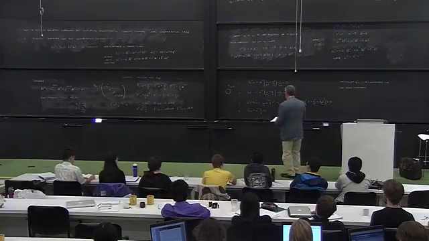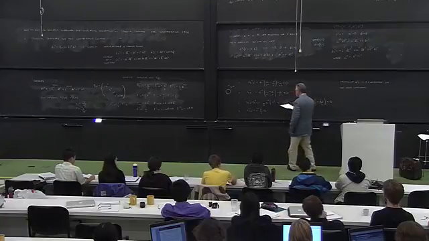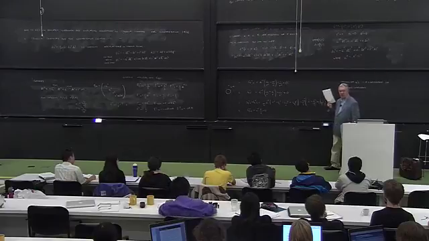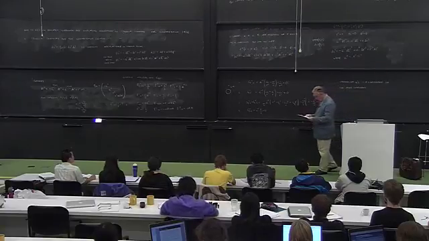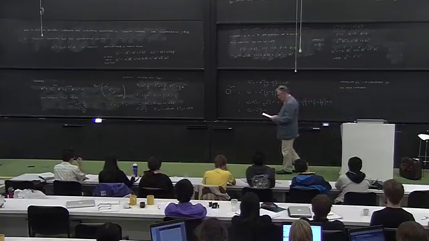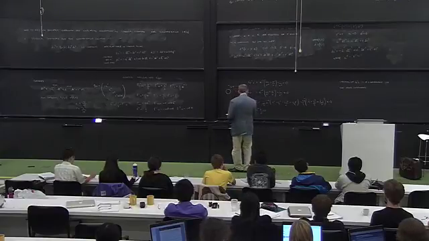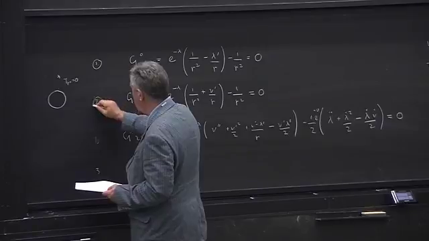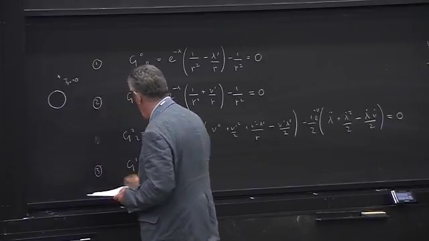But the point I was making here is we don't need this equation because it's the consequence of the others. It's the consequence of the Bianchi identity. So we learn nothing new from that. So the equations we want to focus on are 1, 2, and 3.